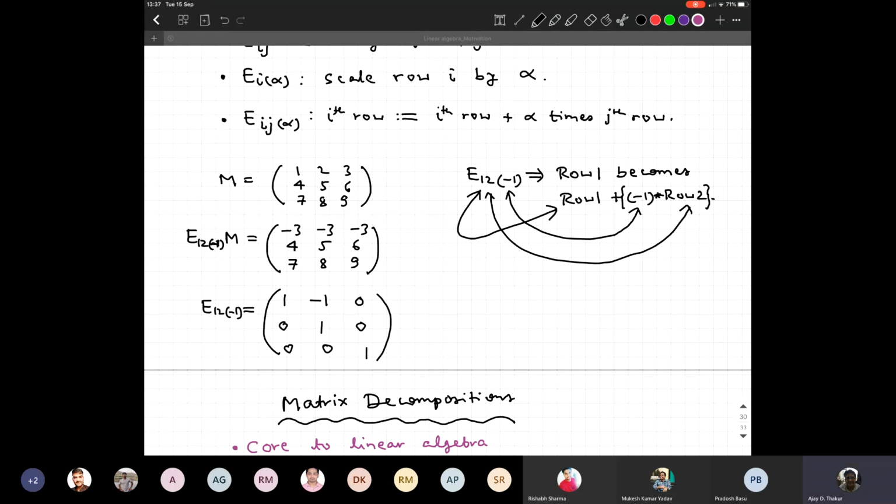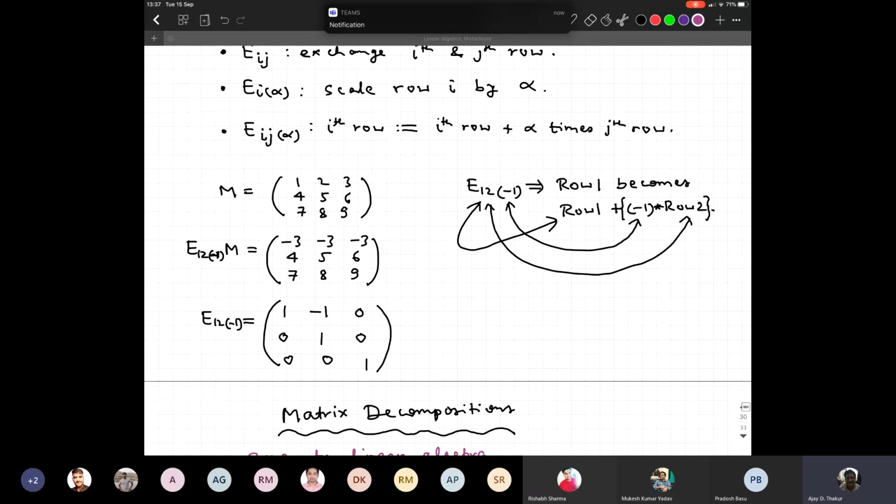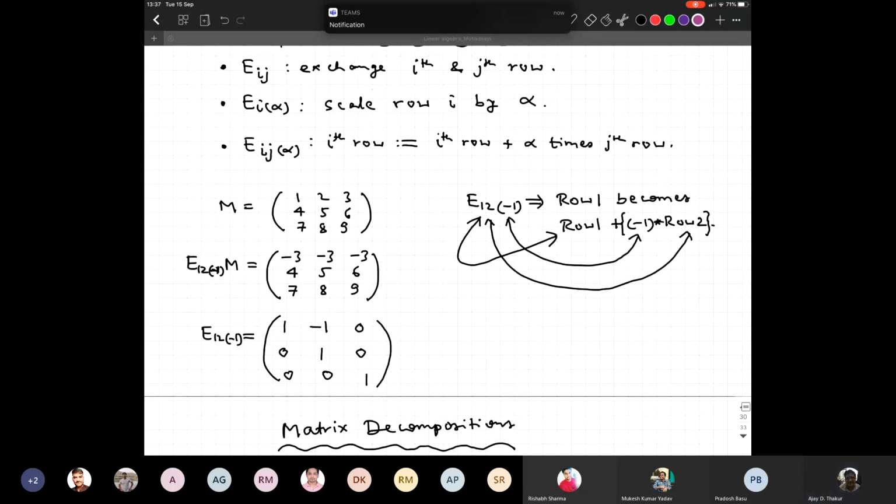Suppose we have a matrix like E i j alpha. In the previous case, you can check that if you multiply this E1 2 minus 1 with M, you actually get the result which is there in the second line.